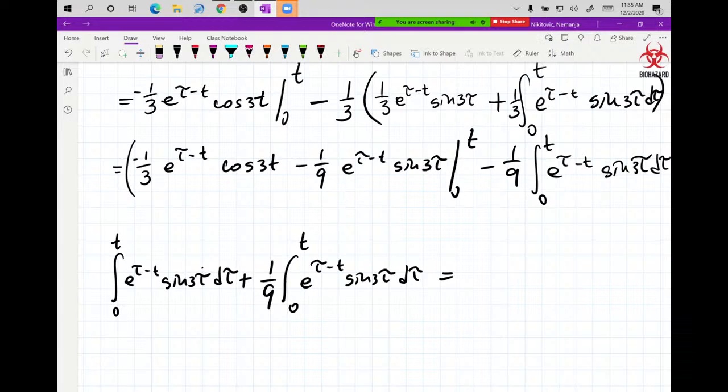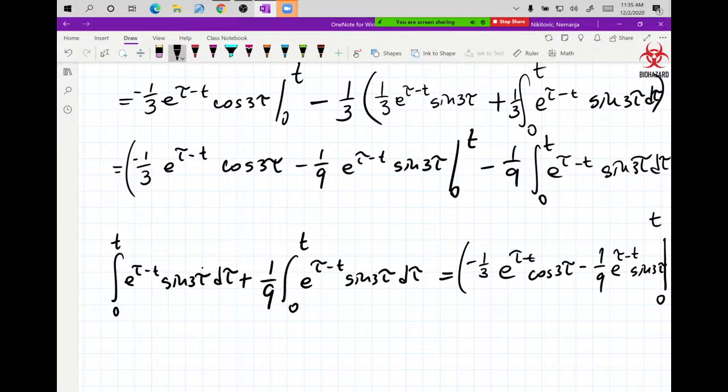Now the 0 will kill some of these terms, but for now we get to write negative 1/3 e to the tau minus t cosine 3 tau. I wrote cosine 3t, it's cosine 3 tau. Holy nightmare. This is terrible. It's 3 tau. Cosine 3 tau minus 1/9 e to the tau minus t sine 3 tau from 0 to t.